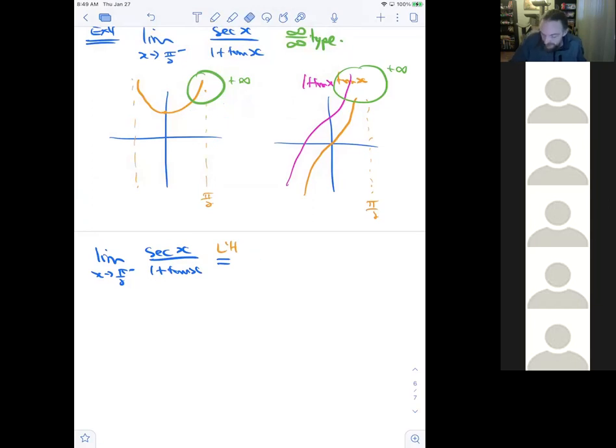and you have to write out the limit every time. The limit as x approaches pi over 2 from below of secant x tan x over secant squared x.